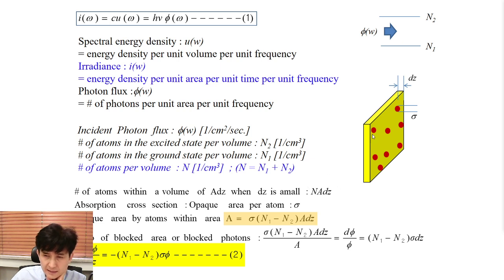And if each atom has opaque area sigma, then the total opaque area by atoms within this small volume is sigma times n1 minus n2 times A times dz.